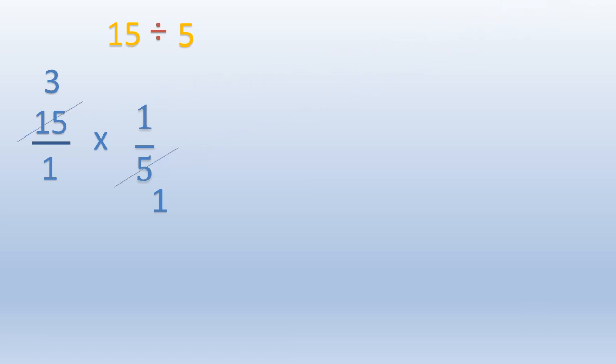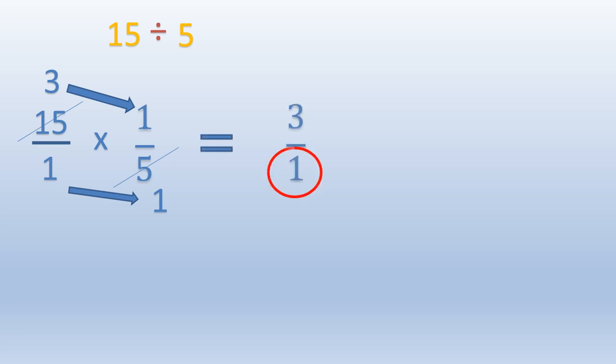Now we multiply both numerators with each other and both denominators with each other, and we got 3 by 1. And we do not write the denominator 1 because it is common. We have the answer 3. So we got 15 divided by 5 is equal to 3.